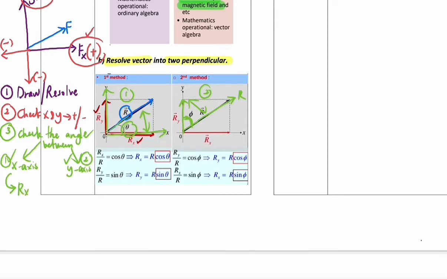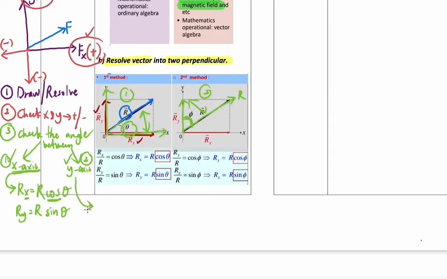Pasal kita nak cari rx kan, rx will always equal r cos theta, since it's in between the x-axis, and ry equals r sin theta. So main thing kat sini adalah sekarang dia dekat x-axis. So kalau dia dekat x-axis, x kita akan cos.